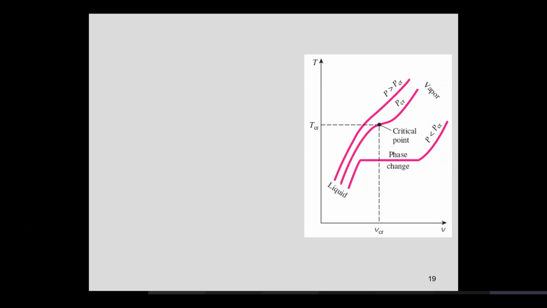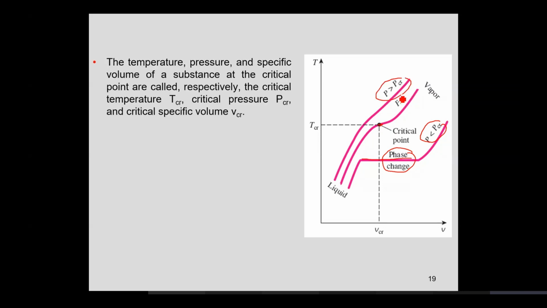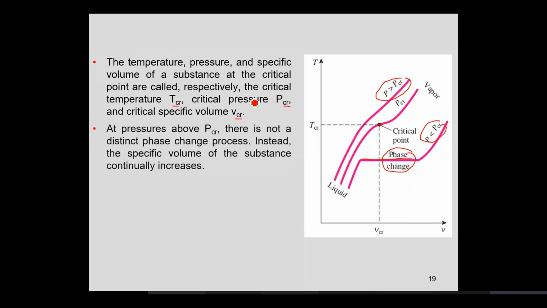Again, this is shown to you. When you have pressures less than critical pressure, you have a distinct phase change process taking place. At the critical point, this process is just taking place across a point. Above that, you have no distinction between the phases. So number one, you define the temperature, pressure, and specific volume corresponding to the critical point as critical temperature, critical pressure, and critical specific volume.